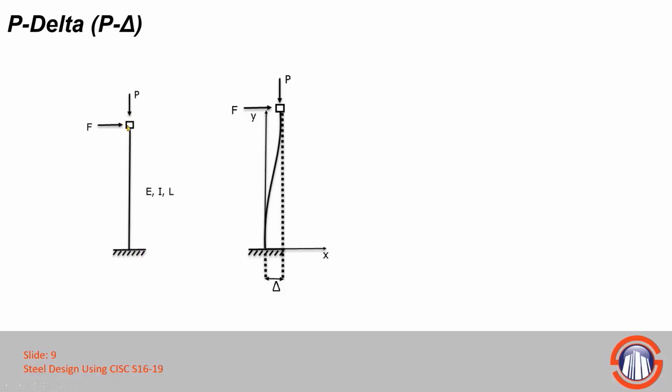The free end is characterized with this square, and we have a lateral load called F. We still have an axial load coming from above that is called P. That lateral load F is going to induce some deflection, which we're calling delta, and P, which is still going straight down, is occurring at the tip of our column, which is now eccentric to the base. So we have this moment arm now being taken into account.